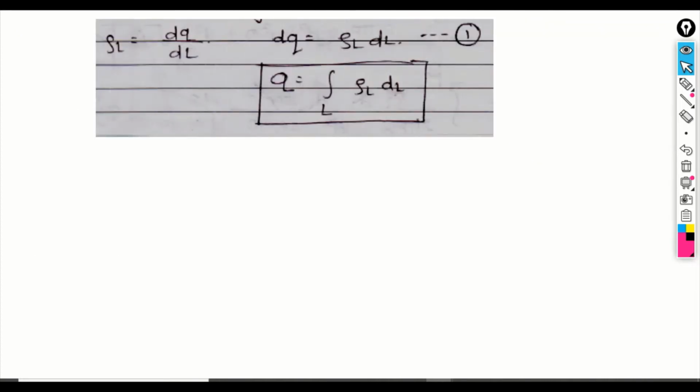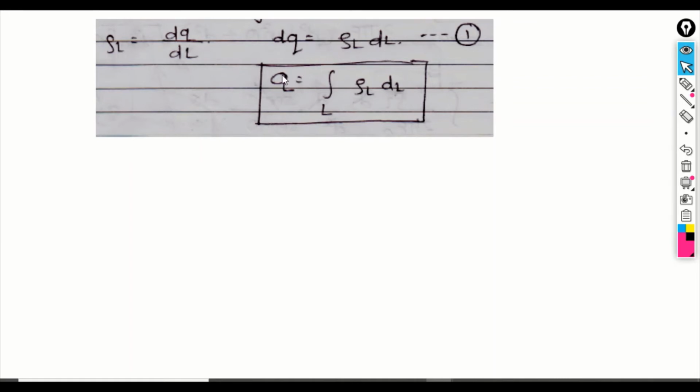Now we know that line charge density is given by charge divided by the length. We are here considering only the small charge spread across the length dl. So the small line charge density will be equal to dq by dl. In turn, dq I can write as rho l multiplied by dl.